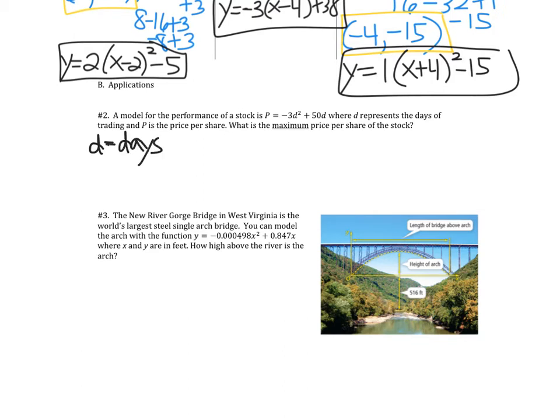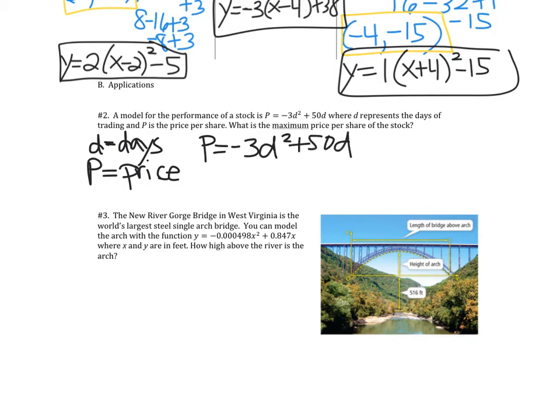I don't know if you guys have ever done stock market stuff before, but the stock that they're talking about is out there for so many days, and the price of the stock is listed as P. It ends up being this model that they gave us, P equals negative 3d squared plus 50d.